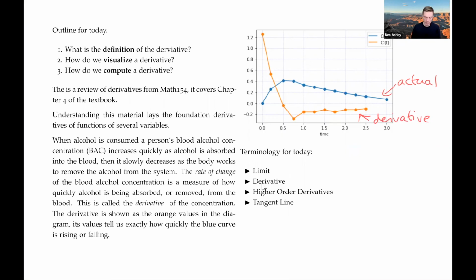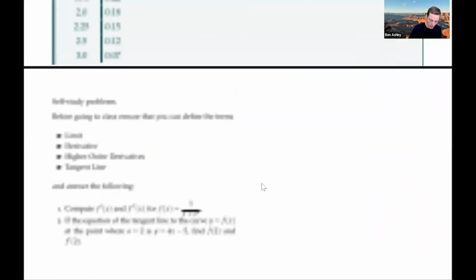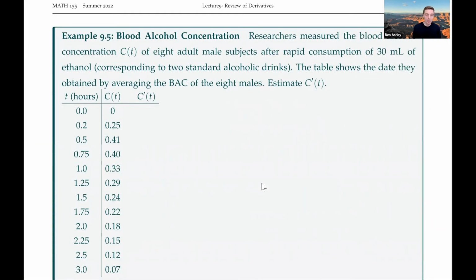So how do we work out that derivative? Well, if we've got all these different data points, we can apply the same logic that we just did on the previous slide. So if we have a value of C of t, we can say what is approximately the gradient at that value. So if t is equal to 0, for example, we have C of t is equal to 0. Well, what's the gradient at that point though? Well, we look at the next closest point, 0.25, which occurs at t is equal to 0.2.